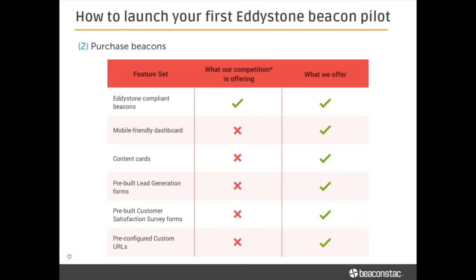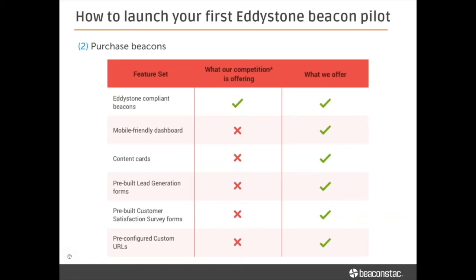So when we were going back to the drawing board and designing this new product, this Eddykit platform, we were specifically baking in feedback that we had heard from current customers who were really excited about using Eddystone compliant beacons, but were struggling to get a pilot up and running for some reason or another.